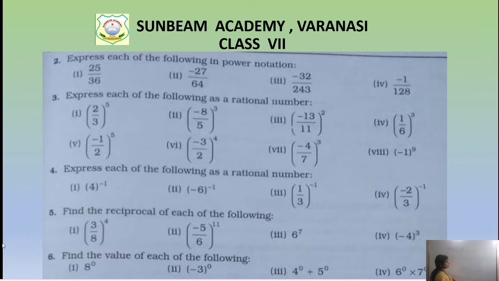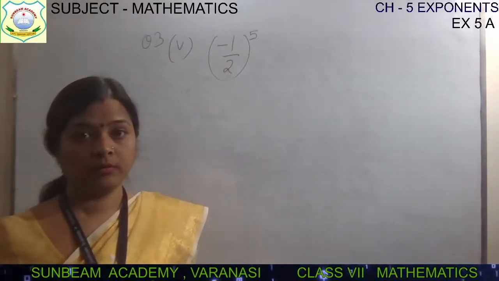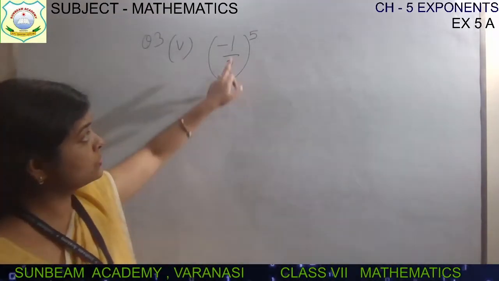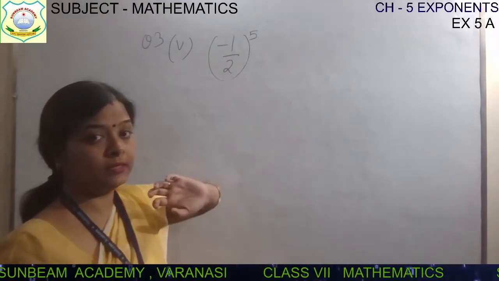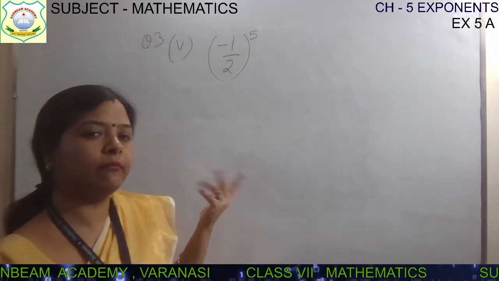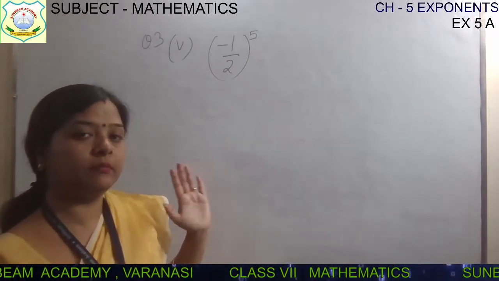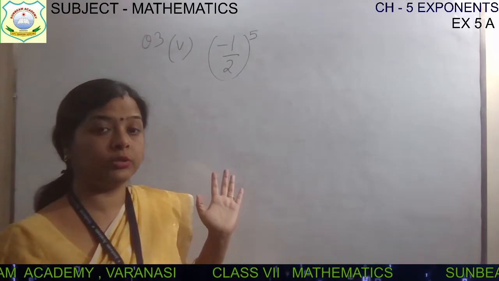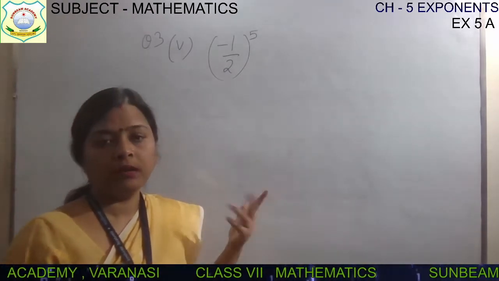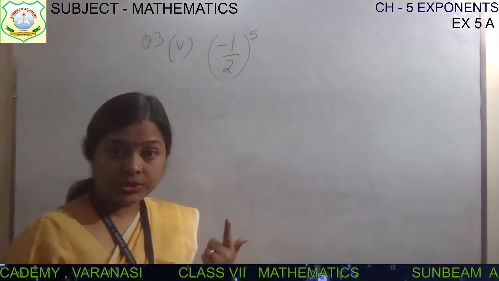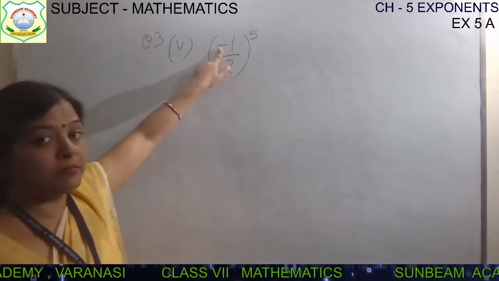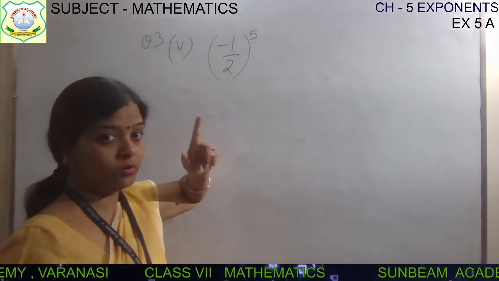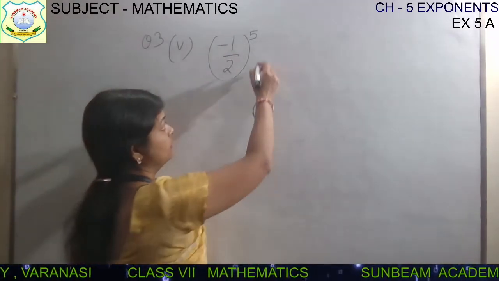Sometimes students may see the smaller number and they may get confused, or they do something wrong. See how. Minus 1, you may think that 1 to the power any number, 5, 4, 3, 1 to the power 6, 1 to the power 10, will always be 1. But children, here it is minus. So we have to think on those things.